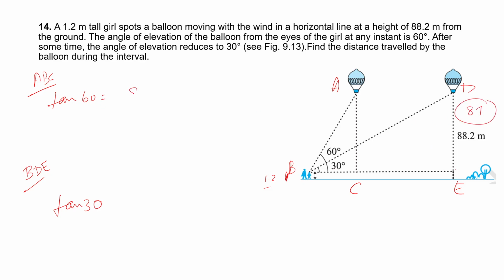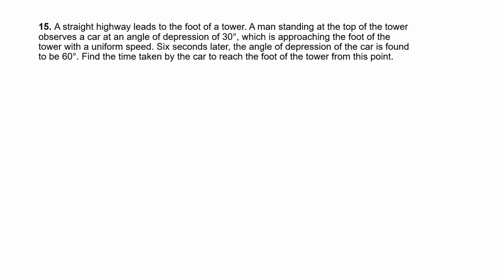So tan 60 will be 87 by BC and tan 30 will be 87 by BE. So like this you cross multiply, find the values, and then equate both and you will get the answer. Yes, you do it by yourself.